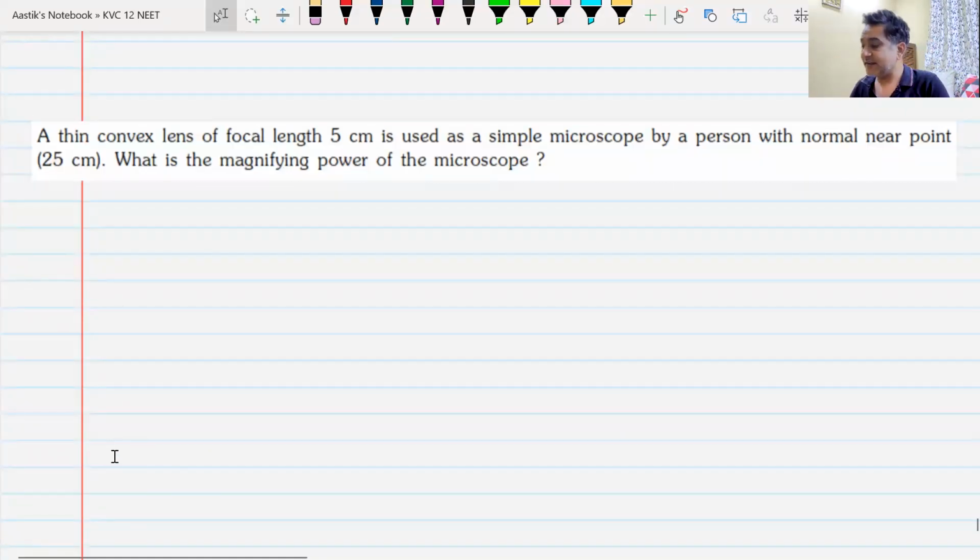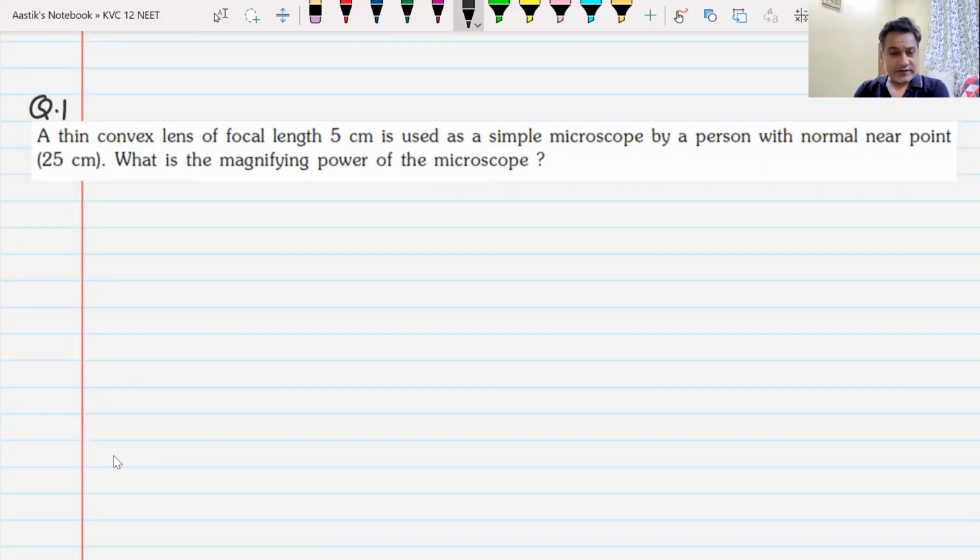A thin convex lens of focal length 5 centimeter is used as a simple microscope by a person with normal near point 25 centimeters. What is the magnifying power of the microscope in both cases? Case number 1, image is formed at infinity. Case number 2, the image is formed at the near point. I'll give you 2 minutes to solve this question.